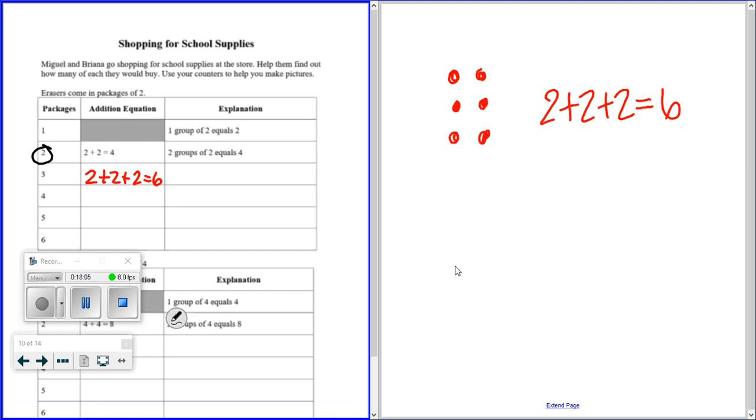And then you're going to buy pencils that come in packs of 10, and folders that come in packs of 5. So I want you building what this looks like together using your counters before you fill out the addition equation. Are there any questions about what you're doing in your partners? No, ma'am. We're good? Yes, ma'am. Okay.